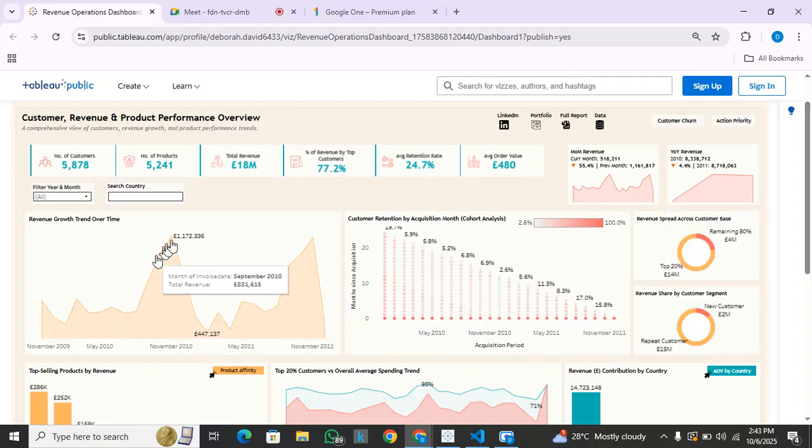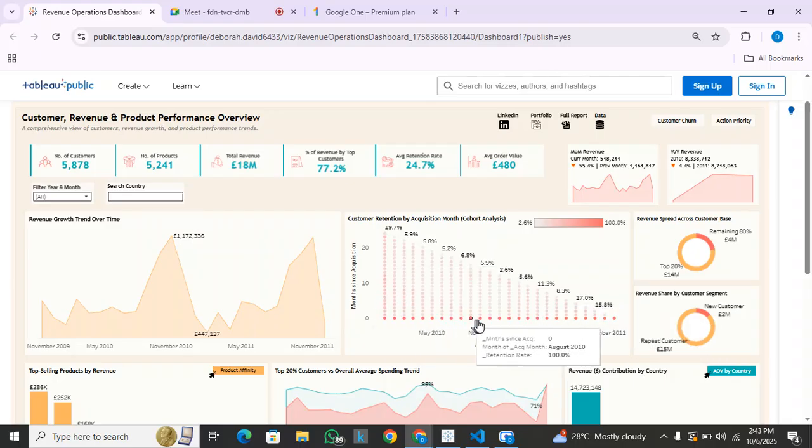Then this, we are familiar with this by now. The spike in revenue. This is the revenue by month. The highest revenue was in November 2010, 1.1 million pounds. The lowest, February 2011, 447,000 pounds.